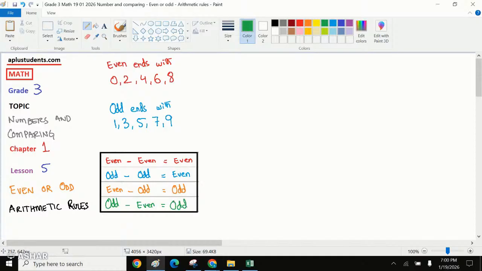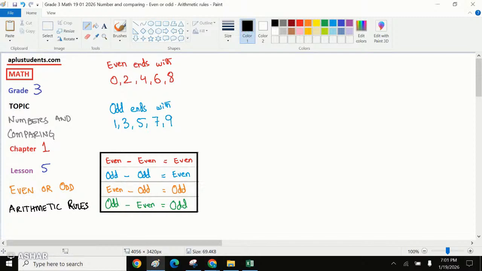So this is what we need to remember. Whenever both the numbers are even or both the numbers are odd, the result of subtraction would always be even. Okay? So let's look at the questions. Let's see where we can use these rules.